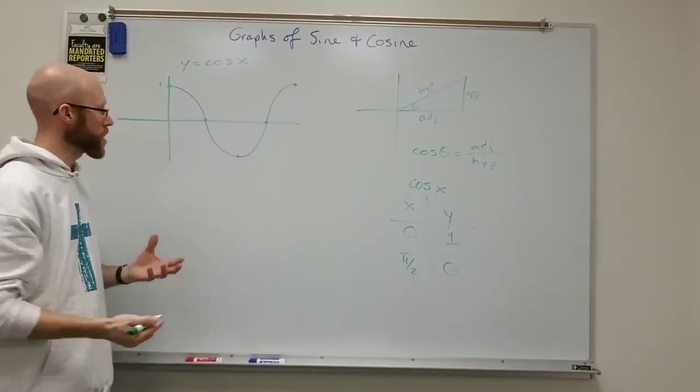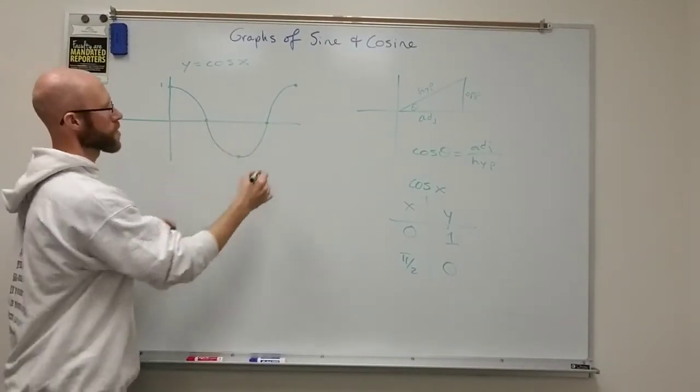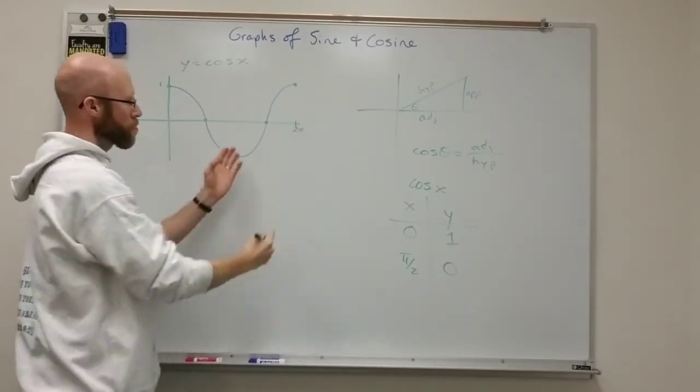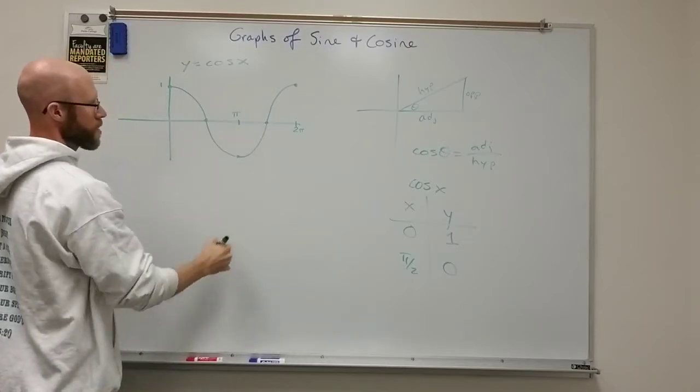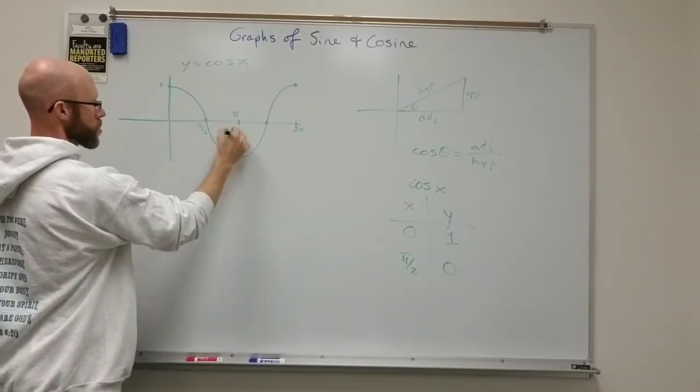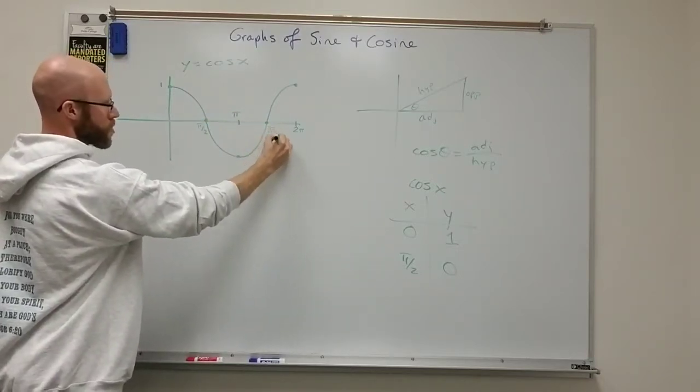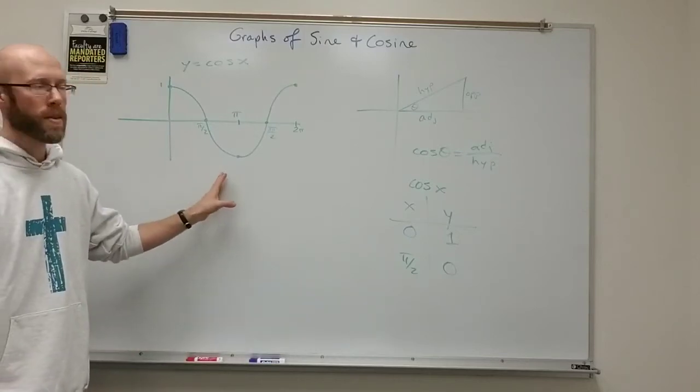Also, this kind of makes sense. And then each of these, so this will be 2 pi, same period as the sine. Pi in the middle, pi over 2, and 3 pi over 2 in the quarters, okay?